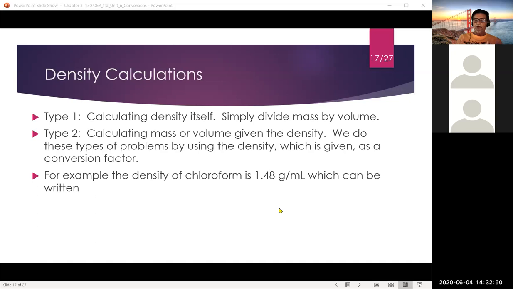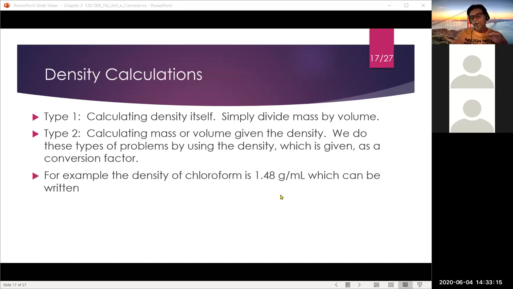For example, chloroform is a chemical that used to be used in the old days when you had an operation. They would knock you out for the operation. They'd put that liquid in your face and knock you out. Before the new anesthesias came out, that's what they used to use. But it has a density of 1.48 grams per milliliter.